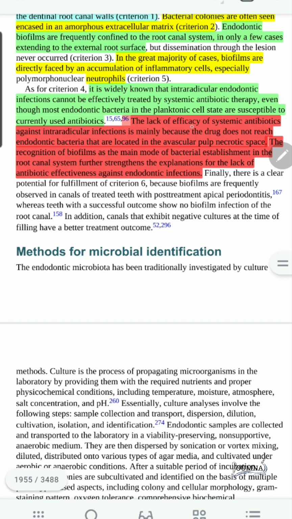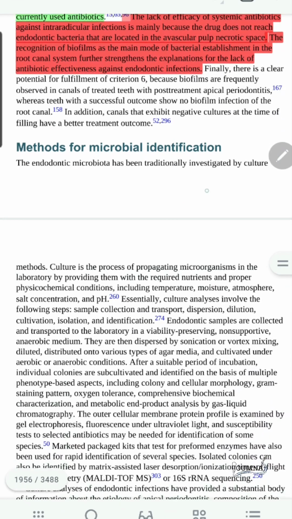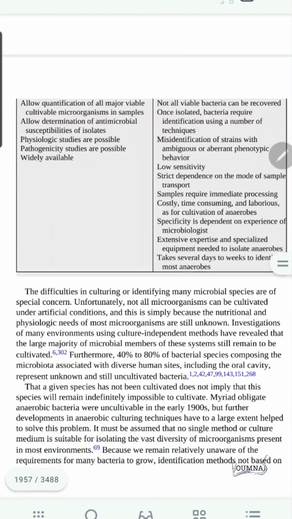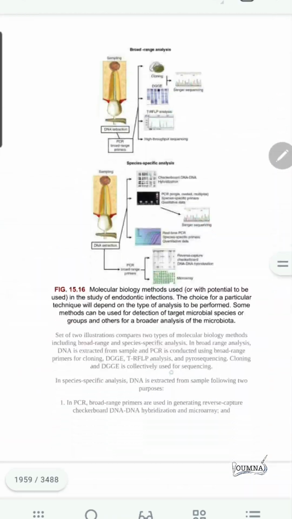The lack of efficiency of systemic antibiotics against intraradicular infections is mainly because the drug does not reach the endodontic bacteria, because the pulp becomes avascular when it becomes necrotic. So antibiotics have no effect against the endodontic infection because they do not reach the bacteria inside the root canal system.